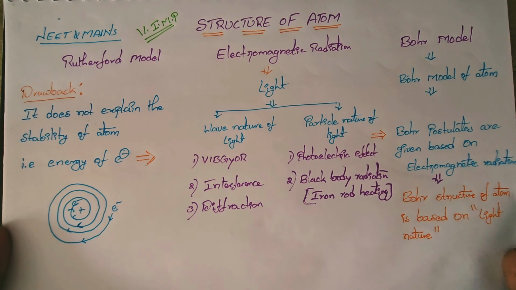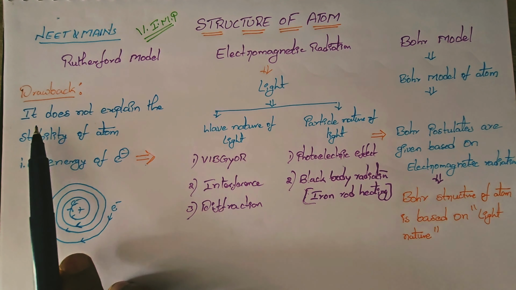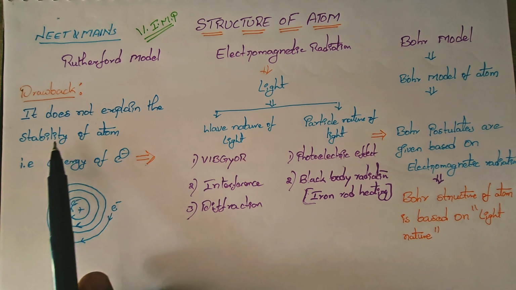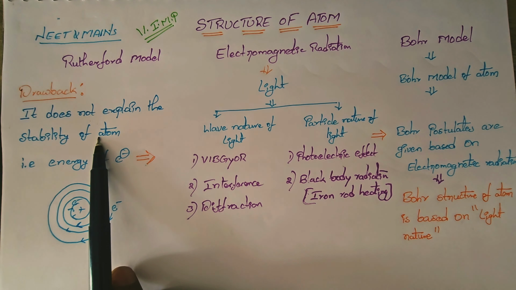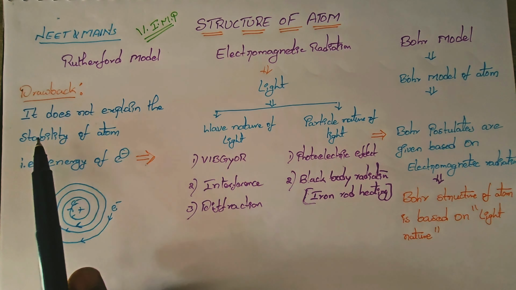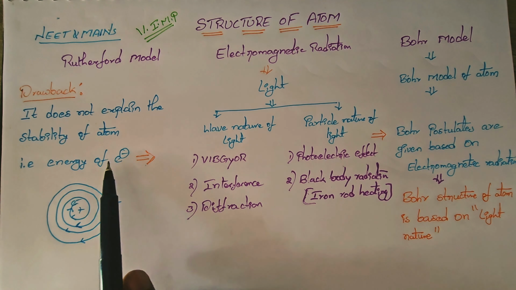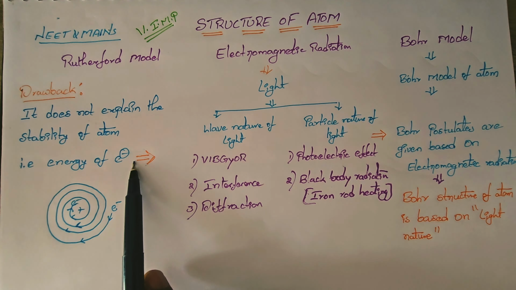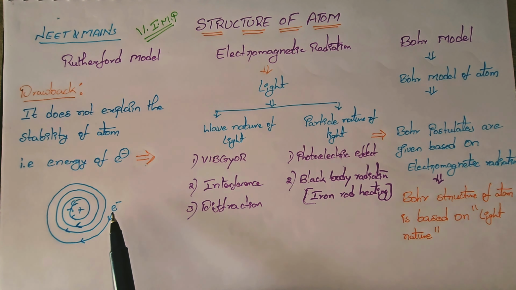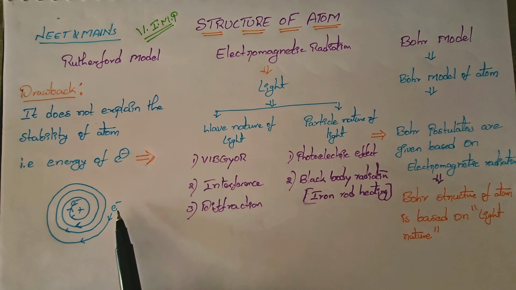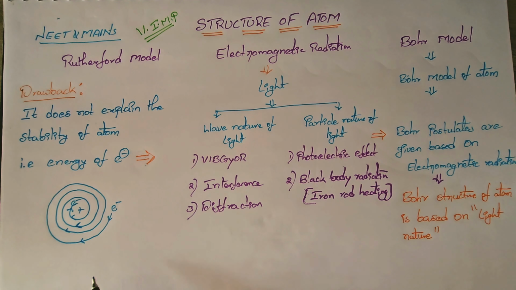The drawback of the Rutherford model is that it does not explain the stability of the atom. That is the major drawback. That means it does not explain the energy of the electron, how without losing energy the electron is revolving around the nucleus. That point is not explained by the Rutherford model.